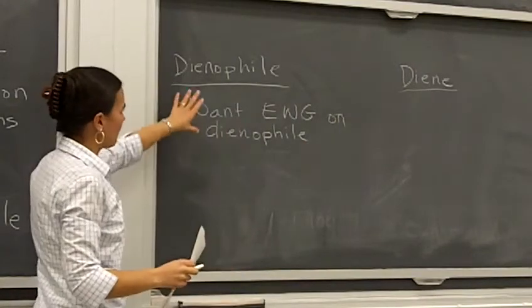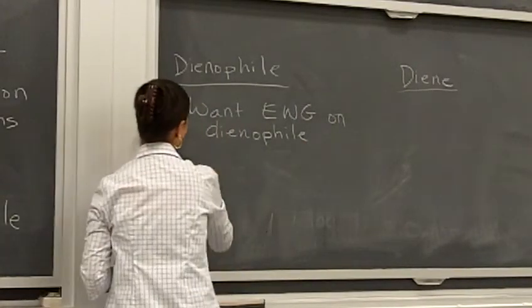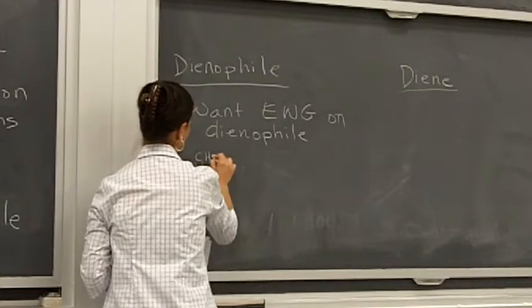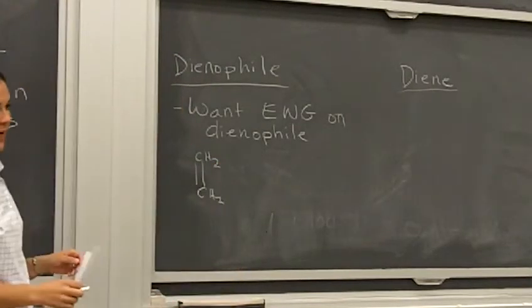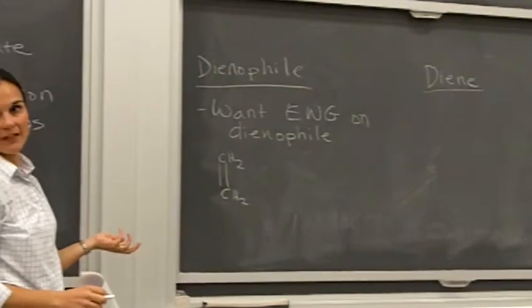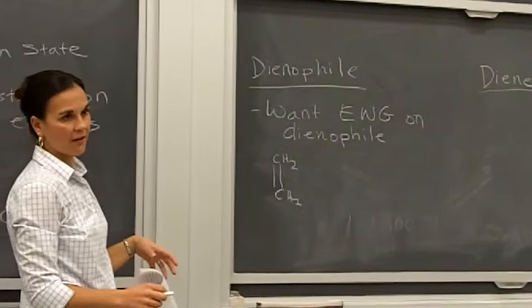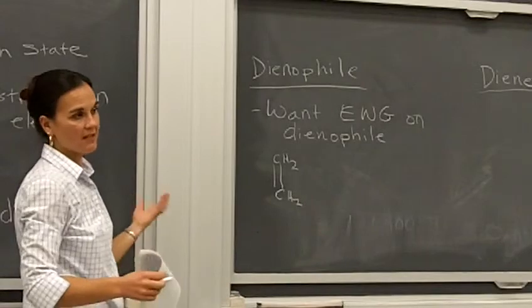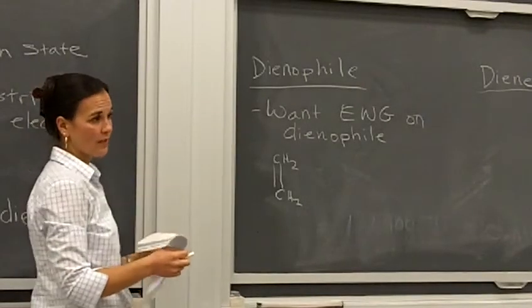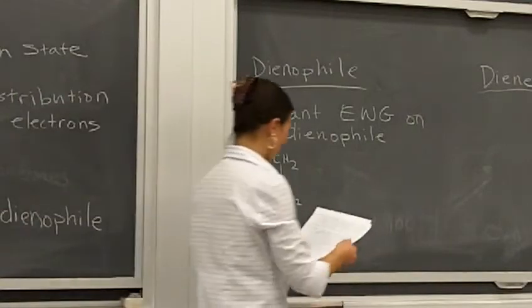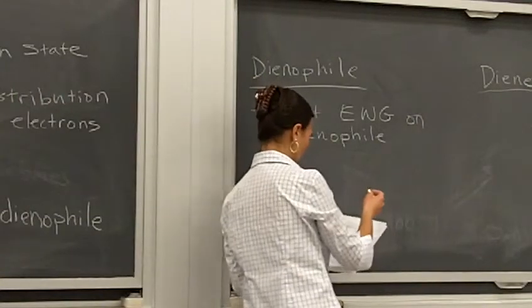So we could just have ethylene and try and see if we get a reaction. But you're not going to get a really good reaction with just ethylene, okay? Because there's nothing really driving it to want to react with the diene. So what you want to do is put some electron withdrawing groups on it.